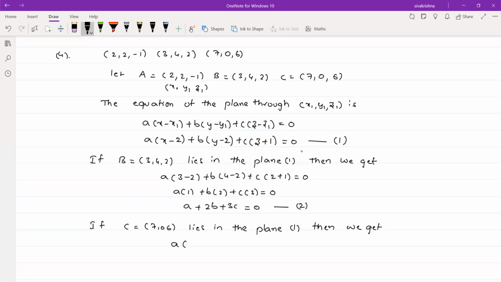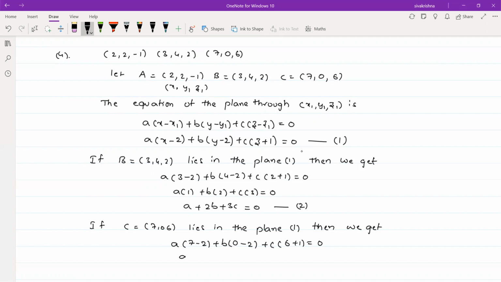A into x minus 2. Once again we have to substitute the value of x by 7 in equation 1, so that we get A into 7 minus 2 plus B into, since we are having 0 in place of y we have to put 0, so that we get 0 minus 2 plus C into, and in place of z we have to put 6, so that 6 plus 1 is equal to 0.